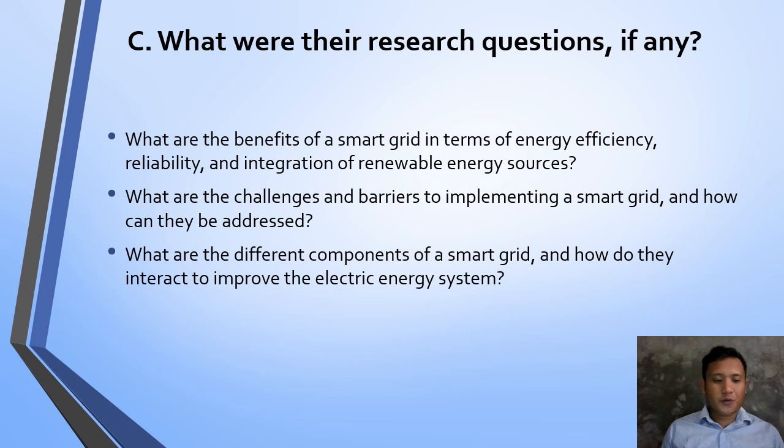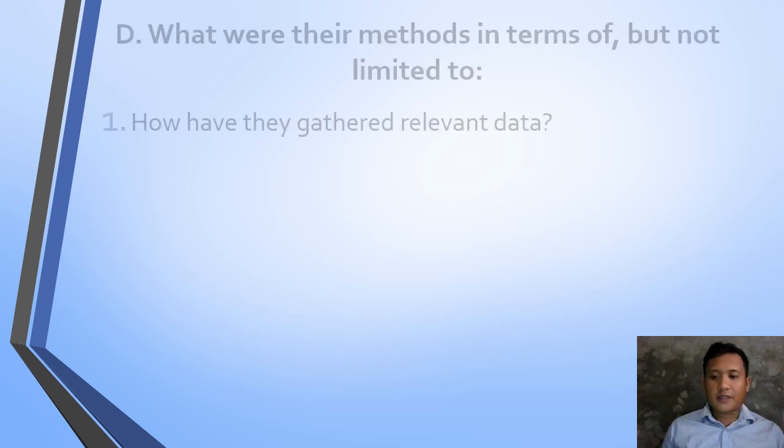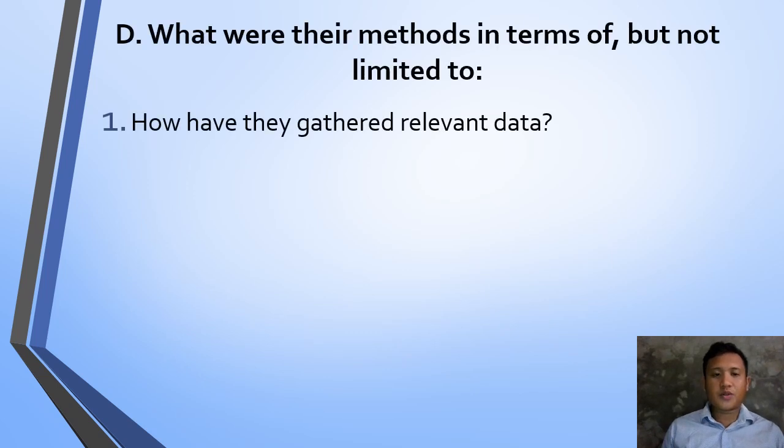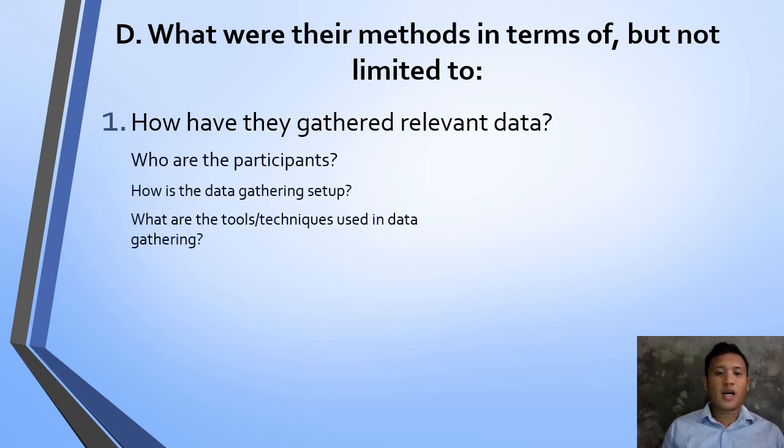Okay, so let's find out if they have answered all of these questions. Letter D is what were their methods in terms of but not limited to. Number one, how have they gathered relevant data?